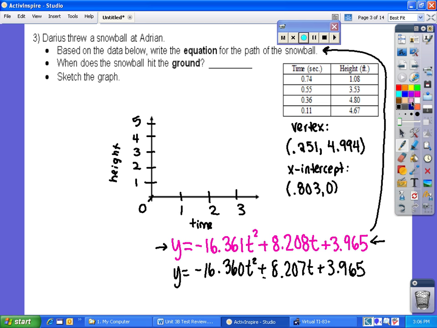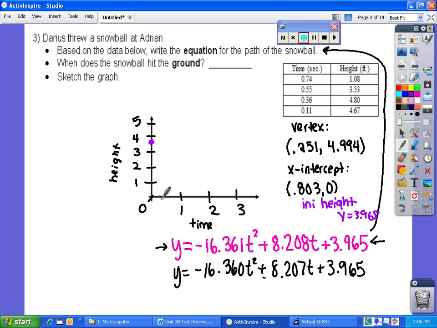So now when we graph it, our initial point is at 3.965, so it's right about there. And I forgot to write that. Alright, then the next one is 0.21 and 4.99.